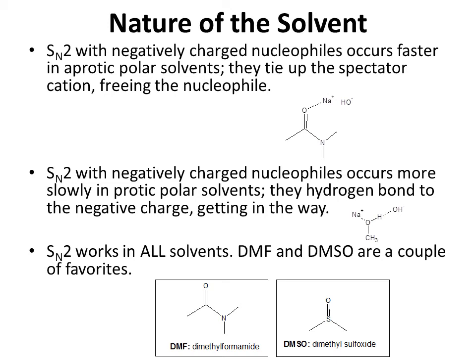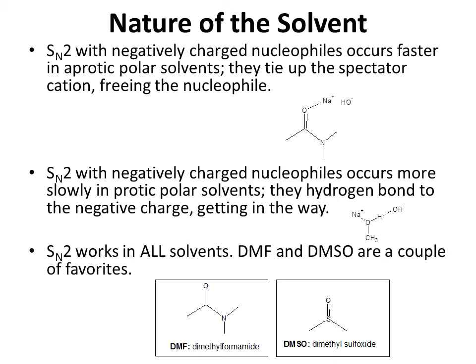Well, now that we've seen that the solvent can affect the nucleophile, let's look more carefully at the nature of the solvent with regards to the SN2 reaction. SN2 with negatively charged nucleophiles occurs faster in aprotic polar solvents. And the reason for that is that the aprotic polar solvents will tie up the spectator cation, freeing the nucleophile to react with the electrophilic carbon, the carbon with the leaving group.